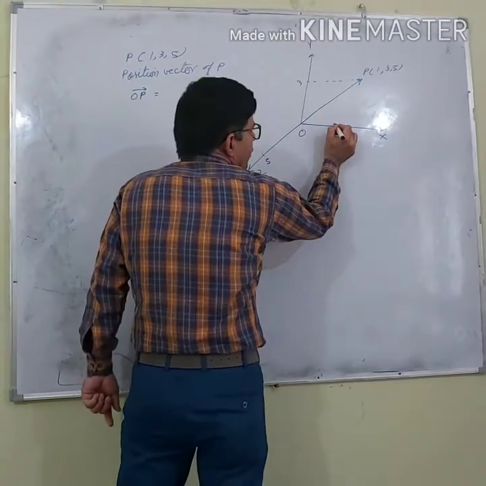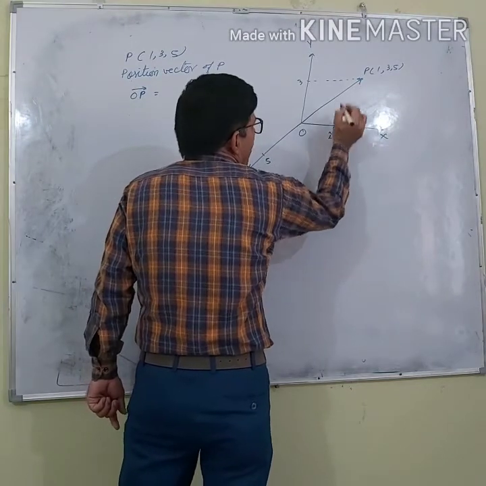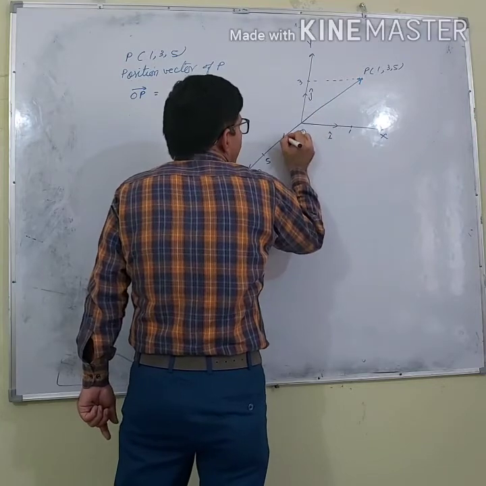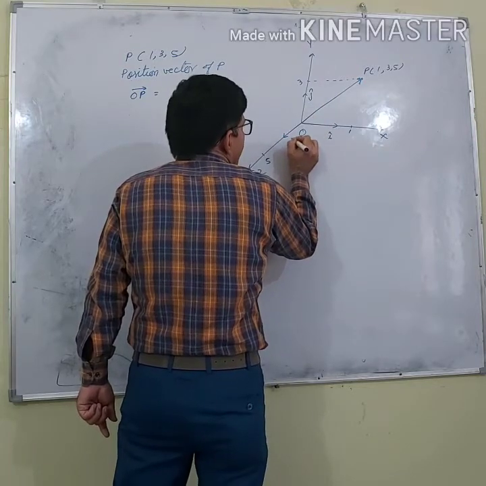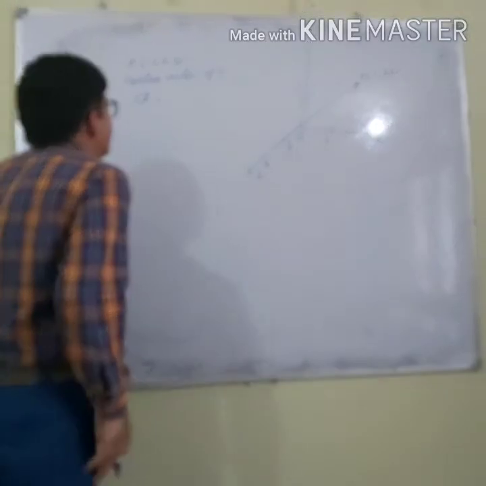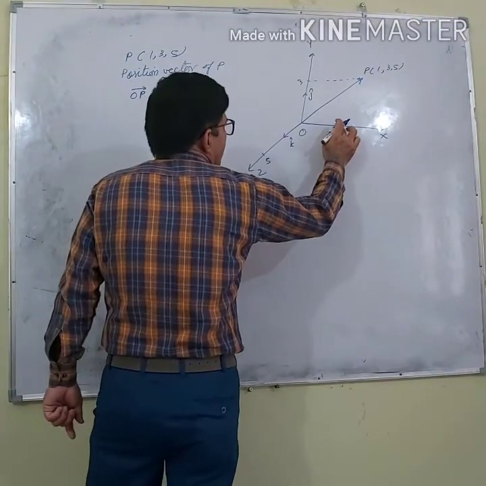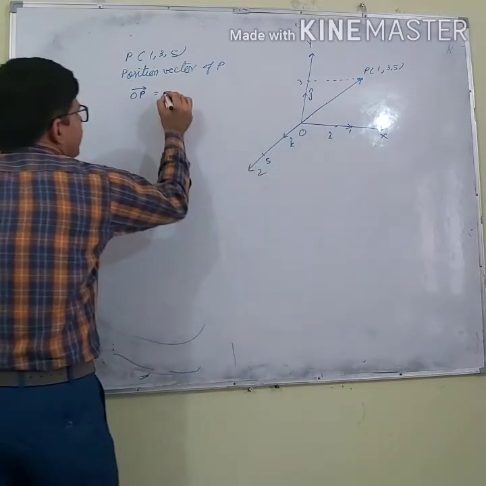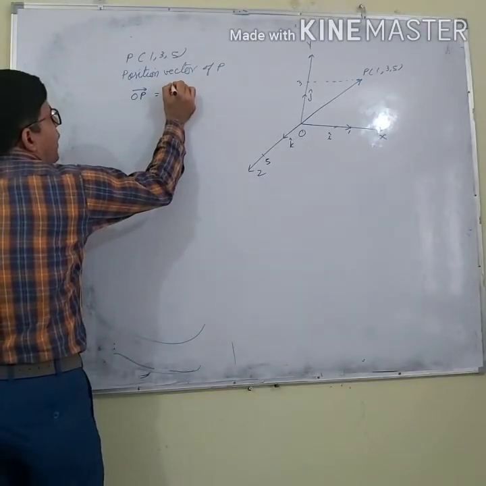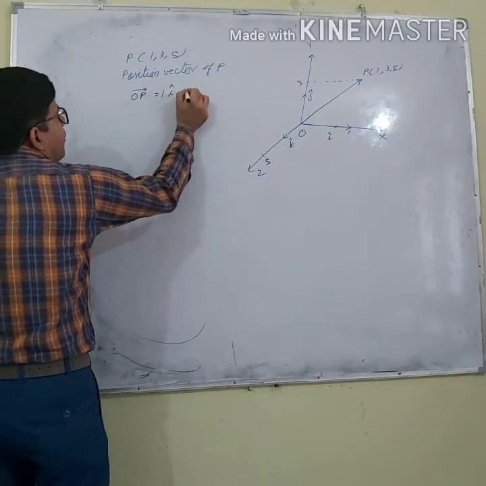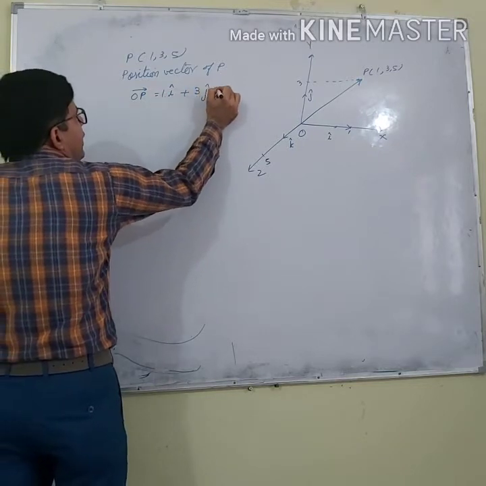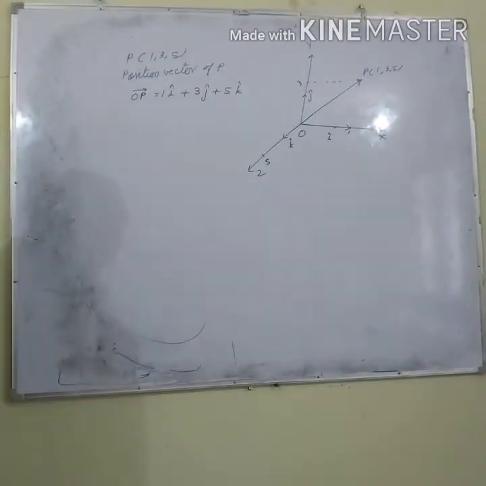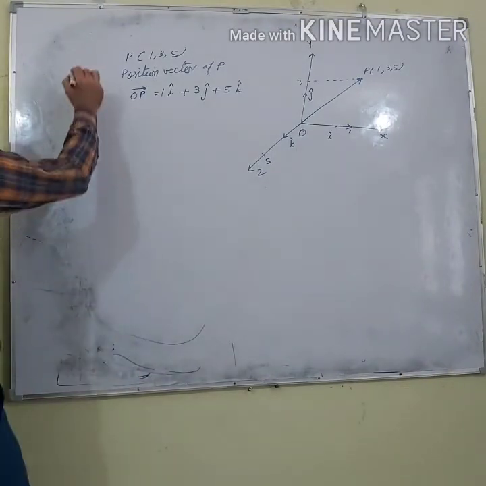The unit vector along the x-axis is i cap, along the y-axis j cap, and along the z-axis k cap. So I can say that it is 1i plus 3j plus 5k. So this is the required position vector.